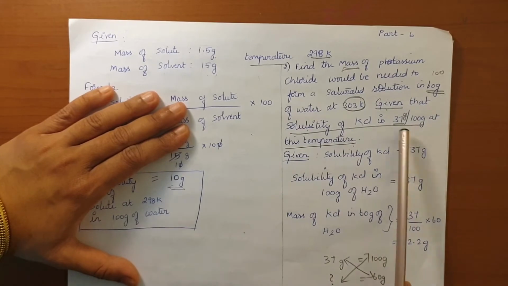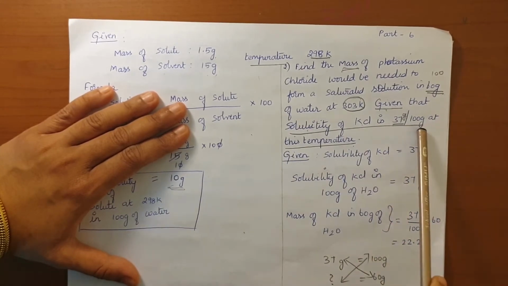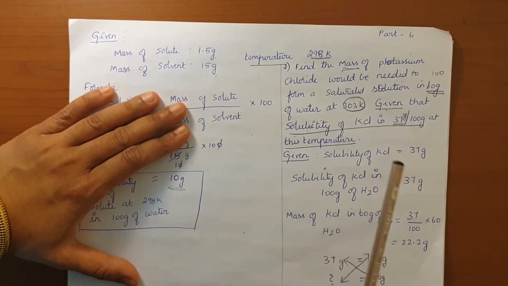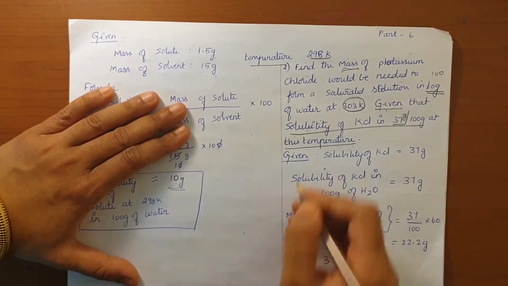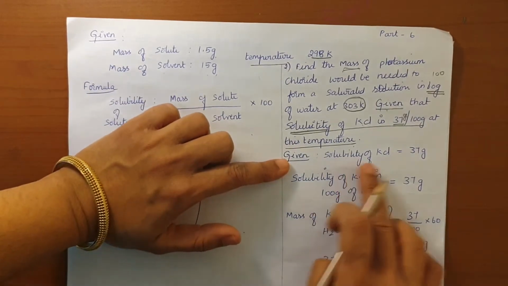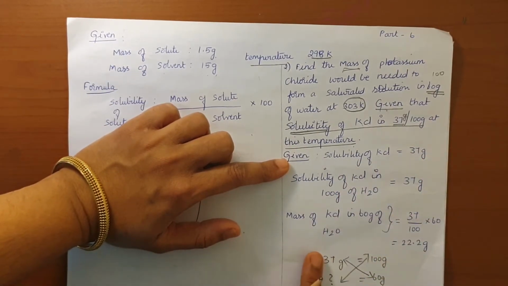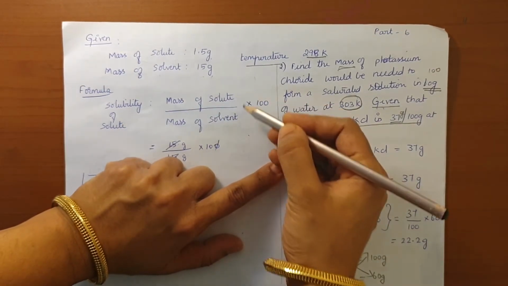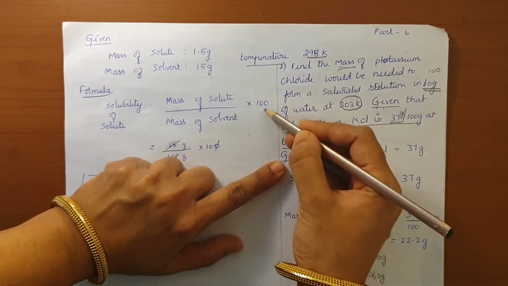If you weigh 37 grams of KCl and dissolve it in 100 grams of water, it will be a saturated solution. So solubility is given. We know one formula for solubility, which is mass of the solute by mass of the solvent multiplied by 100.